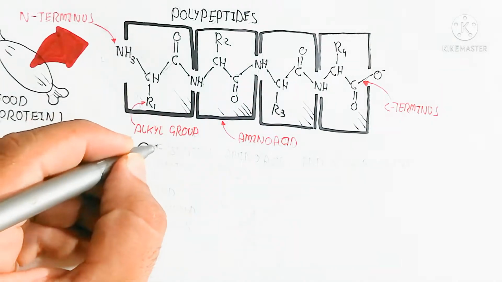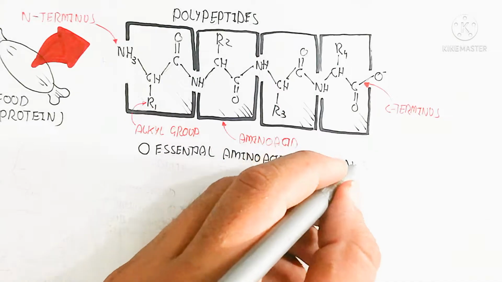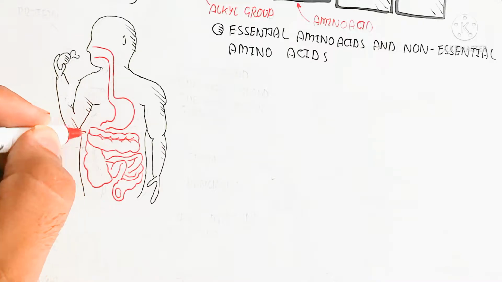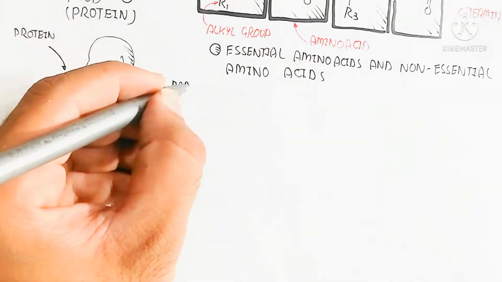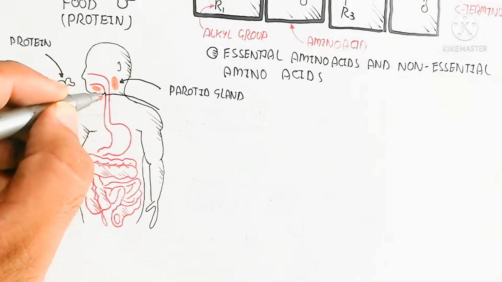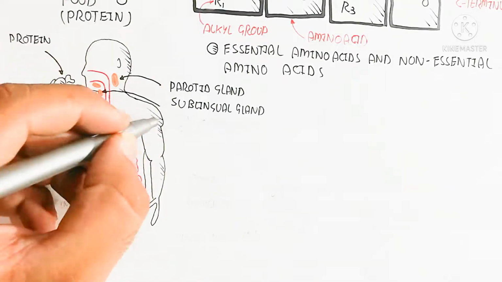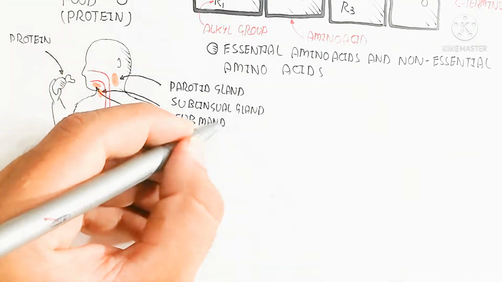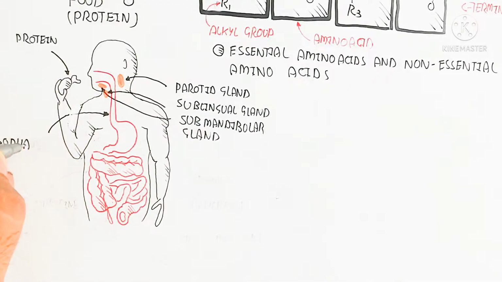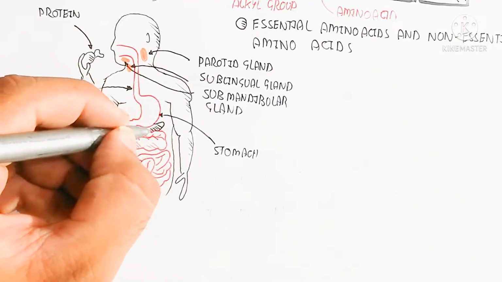Essential amino acids mean our body will not synthesize them, so we get them from dietary amino acids, while for non-essential amino acids our body can use transamination to convert one non-essential amino acid to another from the dietary amino acid. So in this way our body can synthesize them, and that is known as a non-essential amino acid. While the essential amino acid means our body is not able to synthesize it.